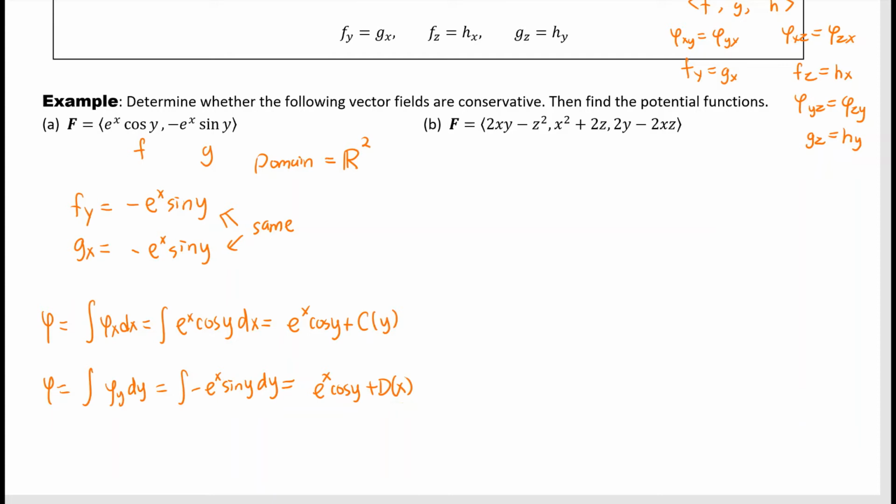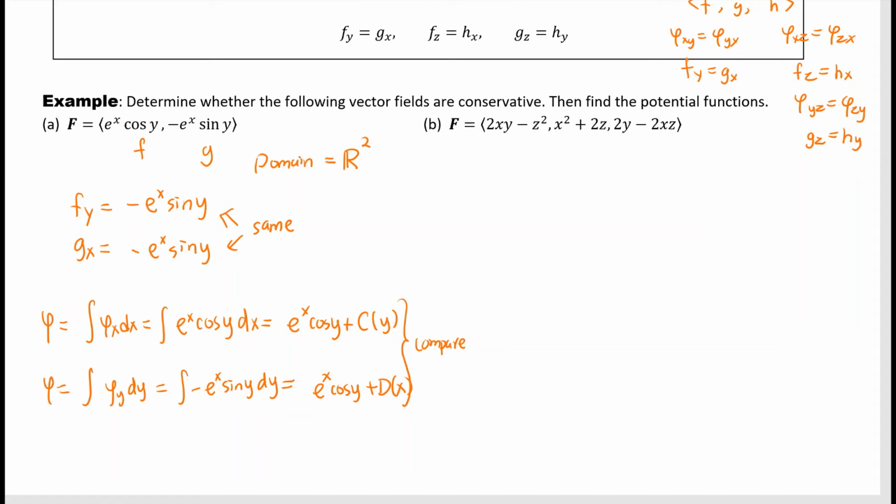Now we compare. This term is the same, and here, because one is a function of y and the other is a function of x, and they should match, we can only have a constant.